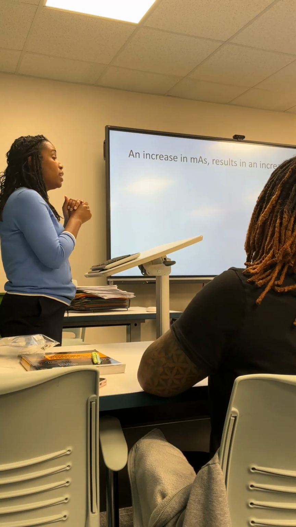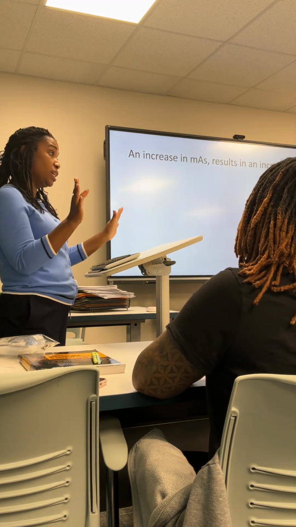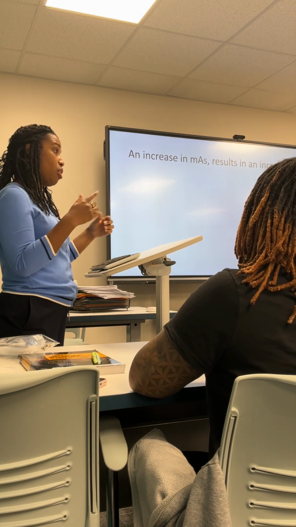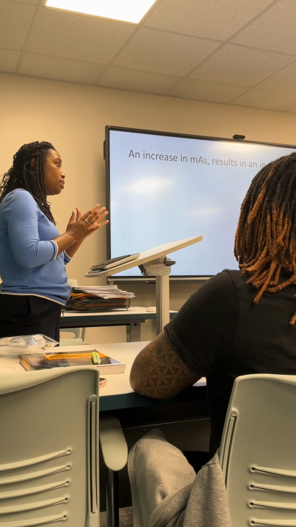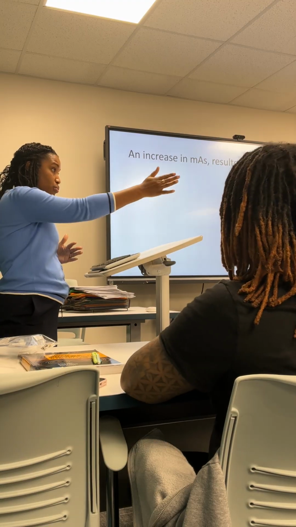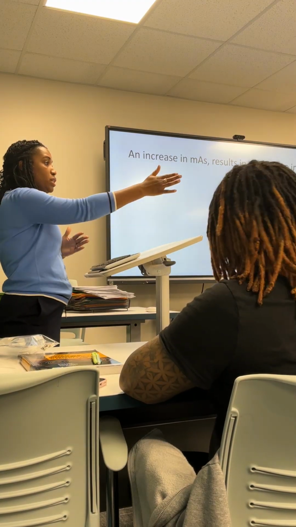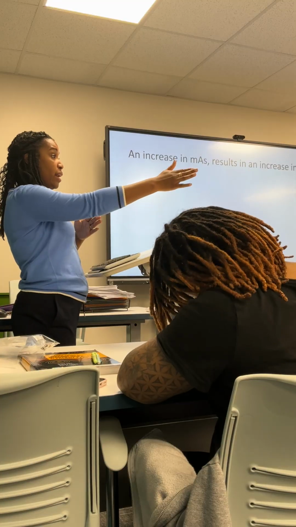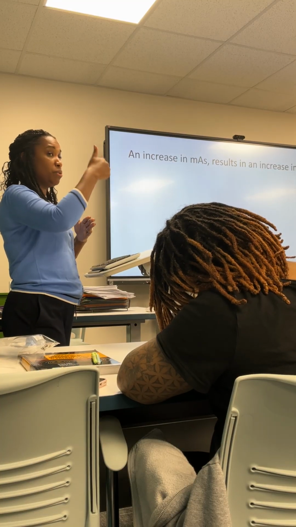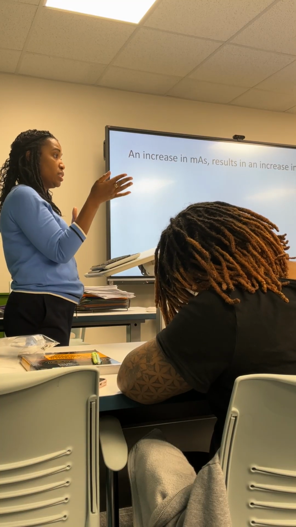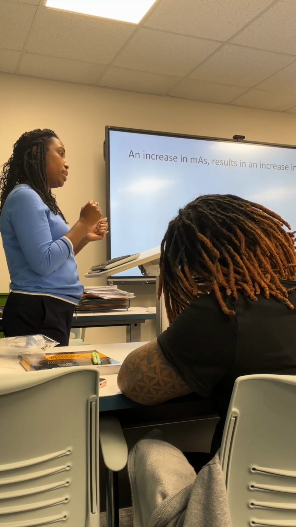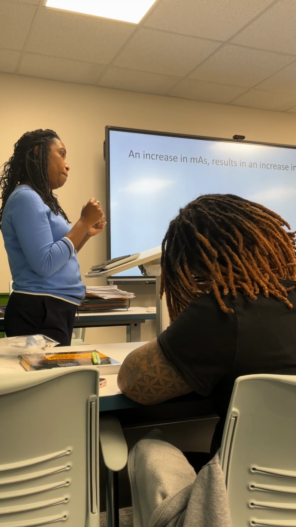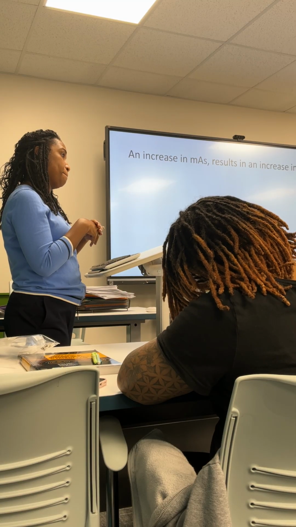I'll say this. An increase in KVP increases scatter all the time. Even though it's good penetrability, you still have increased scatter. So as you increase the KVP, your scatter is going to increase. What can help offset that is an increase in MAs. And why do we want low MAs and high KVPs?